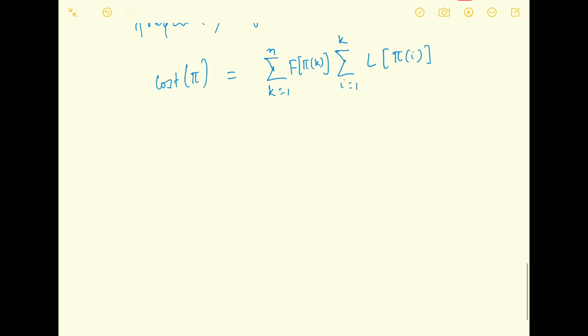So this is our cost. You can also write it equivalently as the sum over k equal to 1 to n, of the sum over i equal to 1 to k of L pi i, times f pi k.